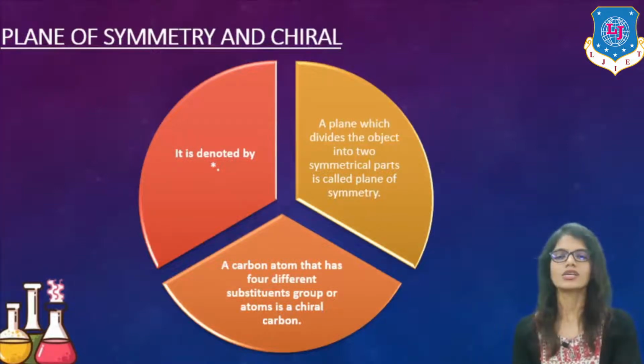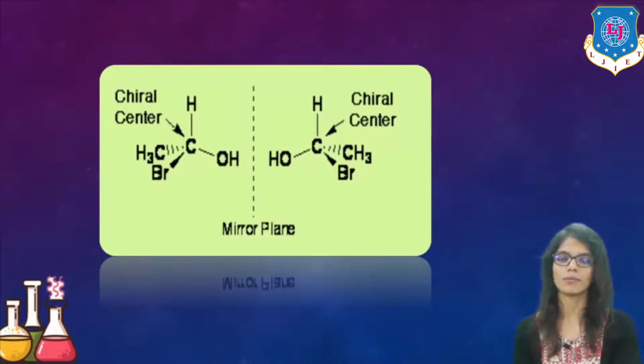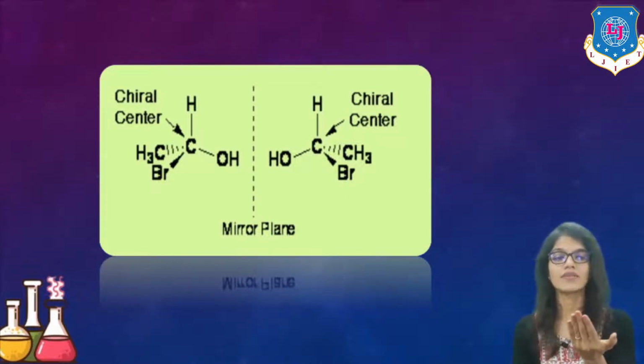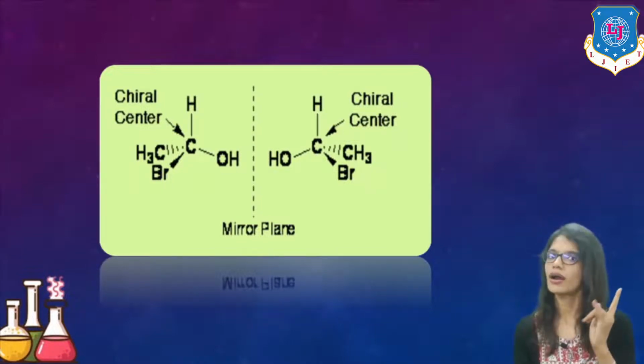Now, let's understand it with an example. We have a carbon here, and as you can see, a chiral center. On the upper side it has H, on the left side it has CH3, in our direction it contains Br, and in the other direction OH. So four different groups are present: H, OH, Br and CH3. All four atoms or groups are different.